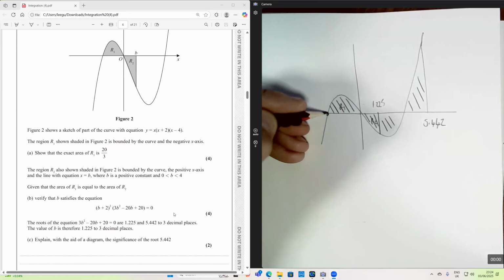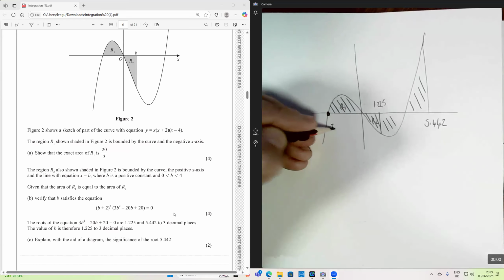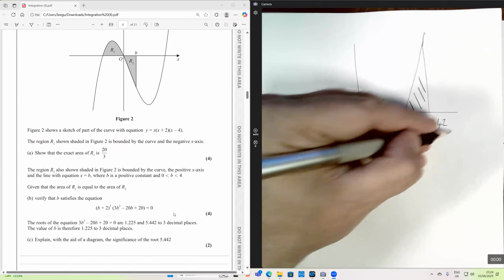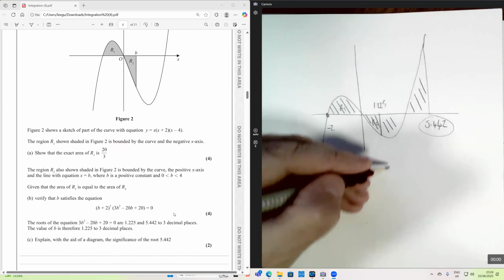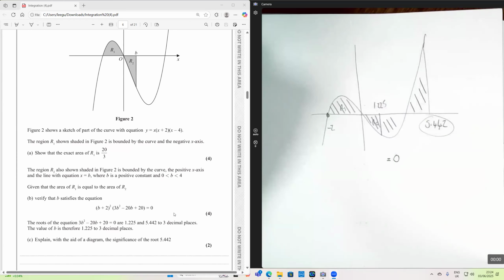So in fact, if we were to integrate from -2 up to 5.442, we would also get a resultant area of 0.